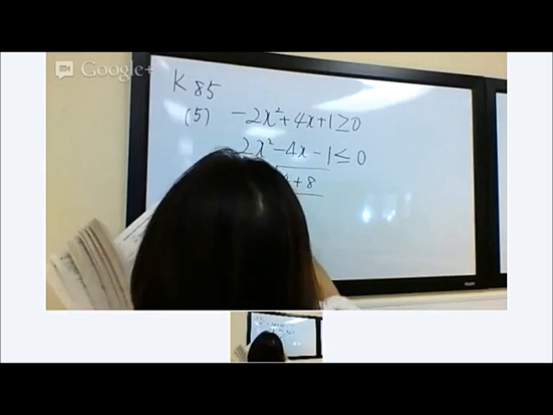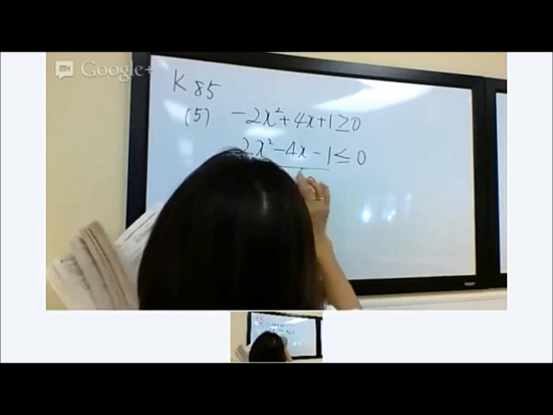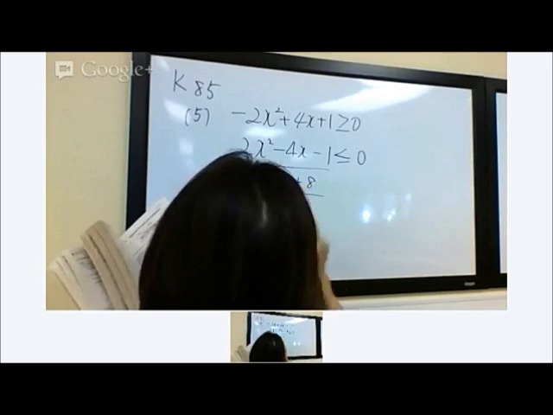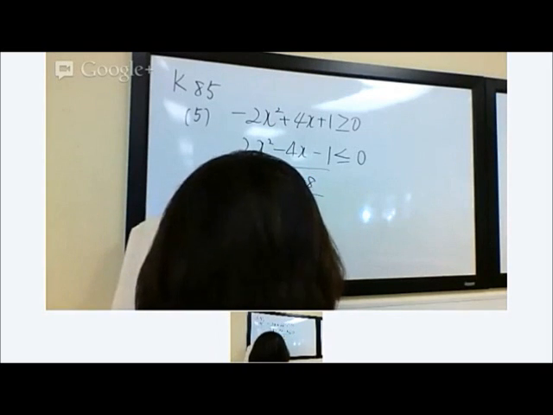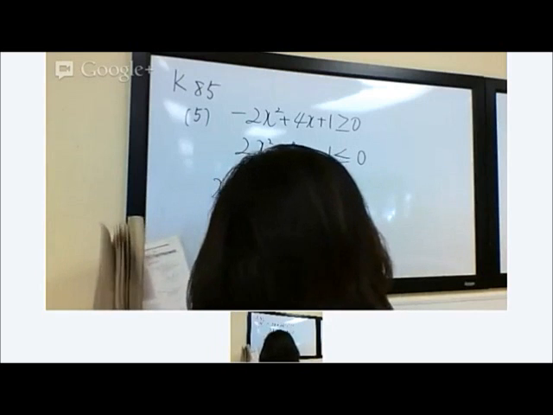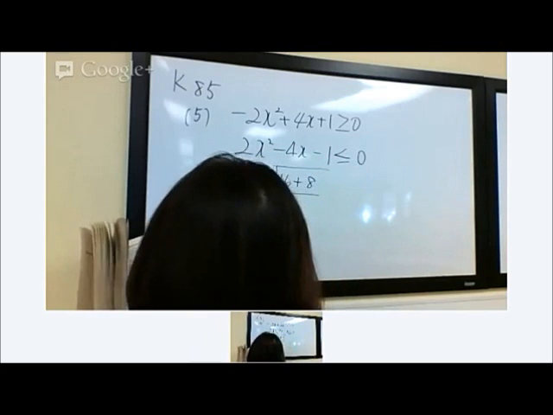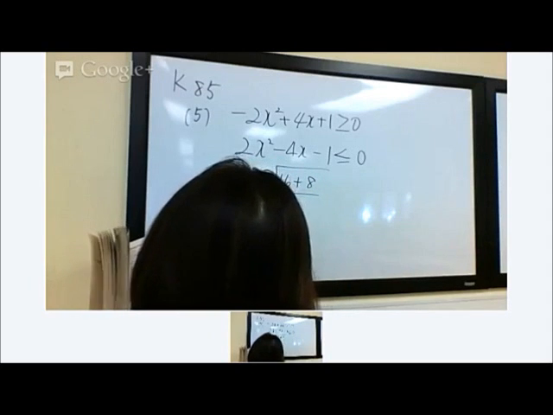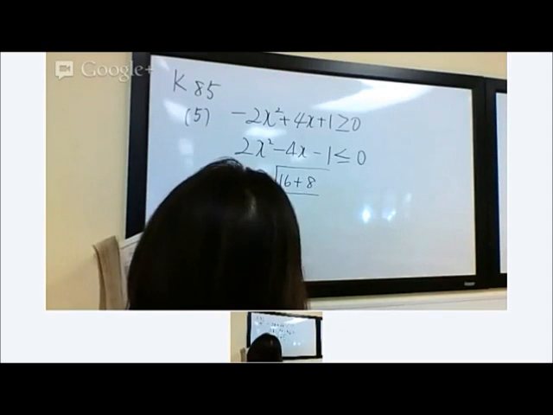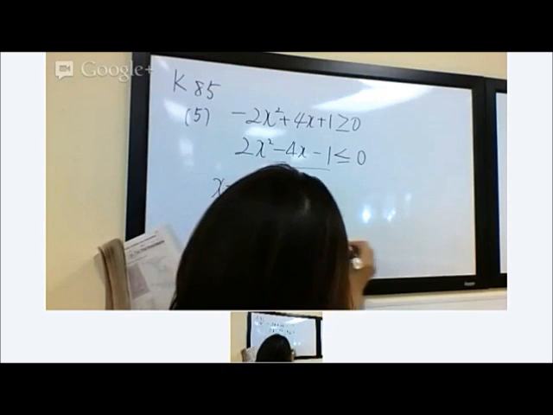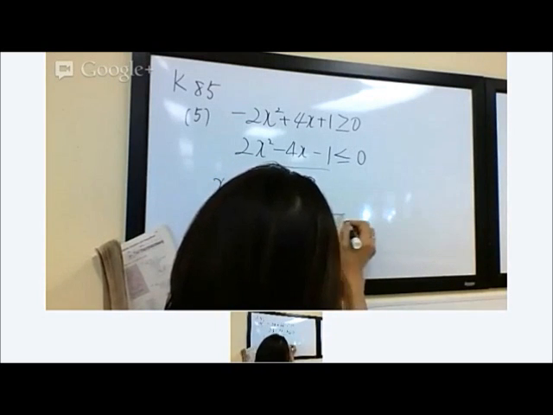Okay, I need to change a lot. 16 plus 8. This is the one. Then we need to go for 4. 4 plus minus the square root of 24, which is 2 root 6, divided by 2. 2 plus minus root 6 over 2.